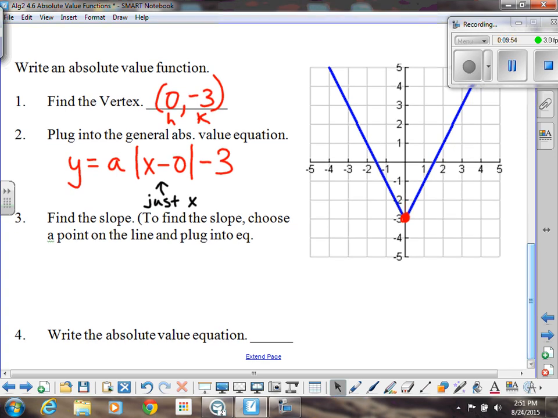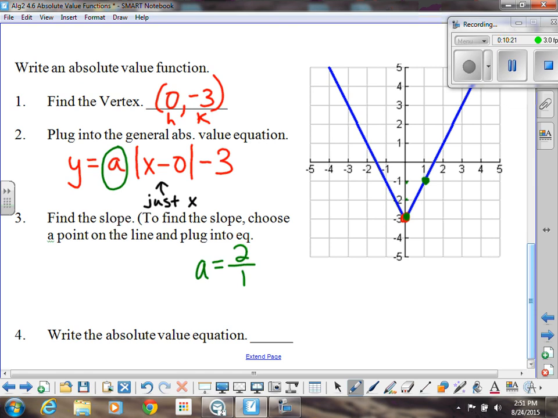So the next thing we need is this a value. I need to figure out what do I put in front of the absolute value. And we get that by finding slope. So all we're going to do is start from the vertex and then count up to the next point. So if I count up 2 and over 1, that gives me a slope of 2 over 1. So I know my a is 2 over 1.